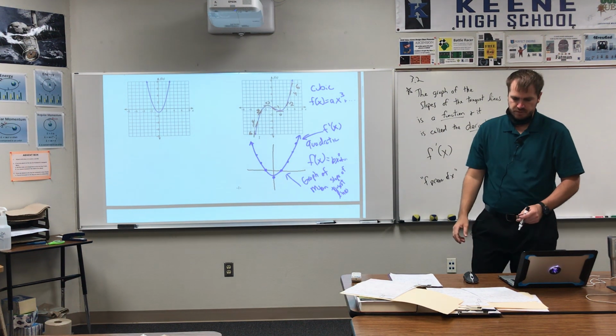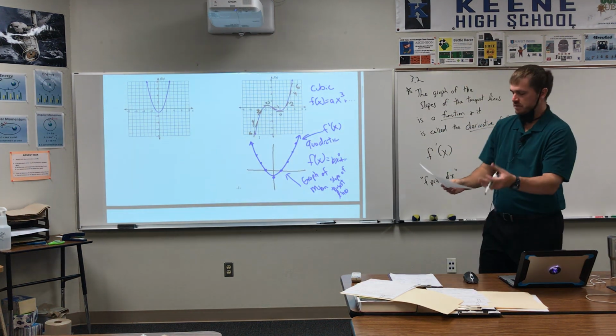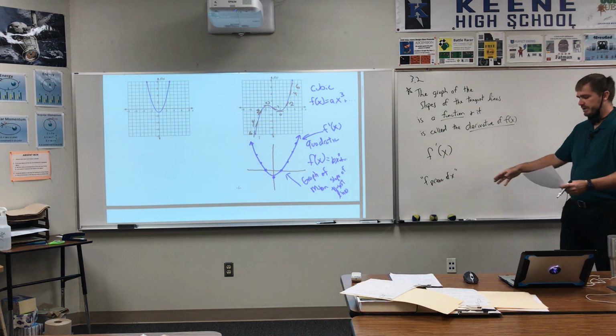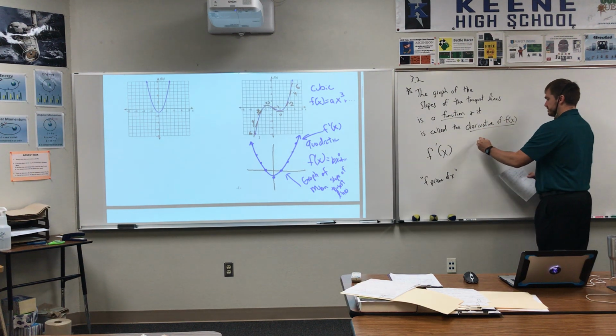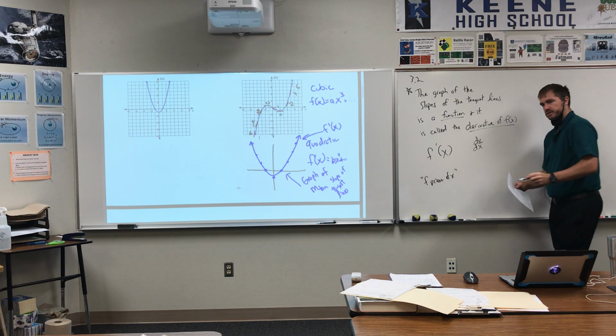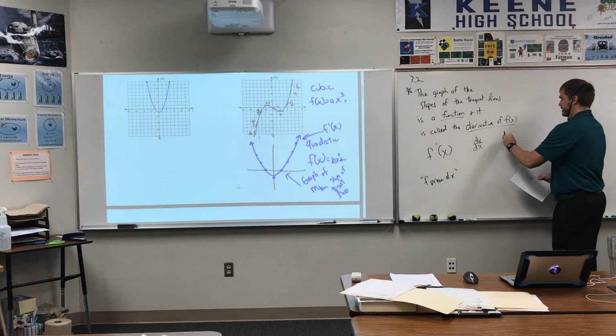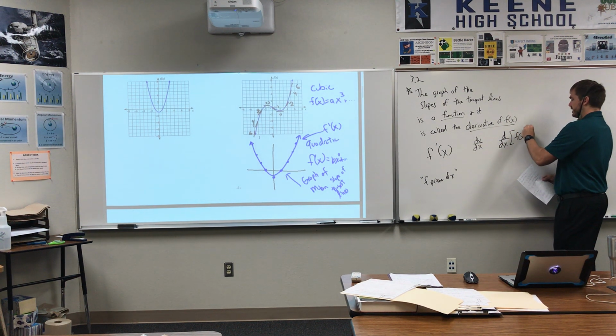I think in the notes there are some other names, and I might as well tell you right now. Sometimes it's also written as dy over dx. And another form is d over dx of f of x.